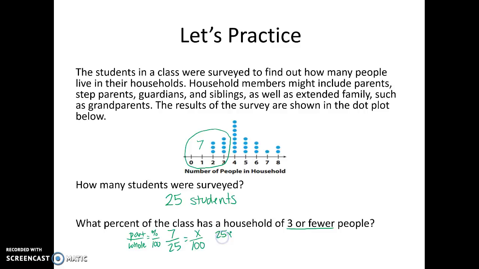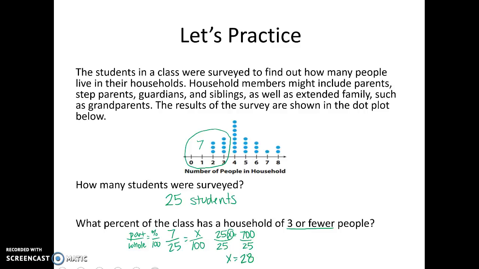So 25x equals 700. We'd work to get our x by itself. We divide by 25, divide by 25. And I know that 25 goes into 700. Let's see, 25 goes into 100 4 times. So 700 is 7 times that. So 4 times 7 is 28. So it would be 28.